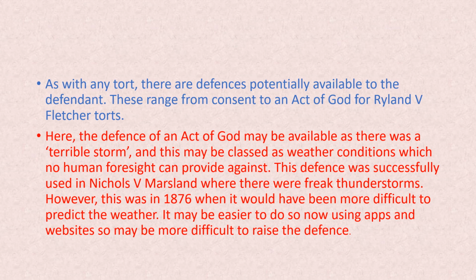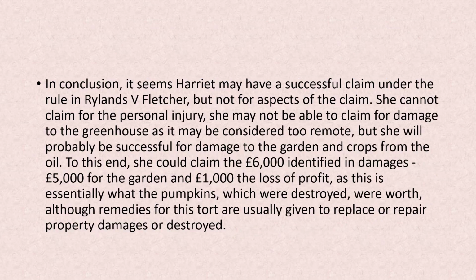However, this was in 1876 when it would have been more difficult to predict the weather. It may be easier to do so now using apps and websites, so it may be more difficult to raise the defence. Now, in addition, one not mentioned on here is the fact that it's a recycling centre, and of course there might be statutory authority for that. So we do need to consider all possible defences here.